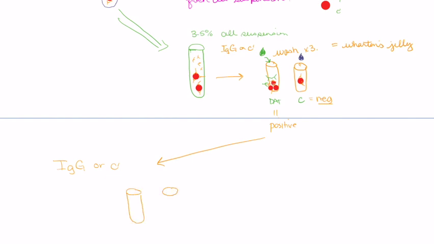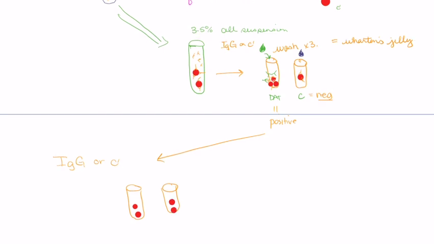Just follow the policy where you're working. 2 tubes with those cells again in them. You're going to wash them, and instead of just adding the poly, you're going to add 1 drop of monospecific.